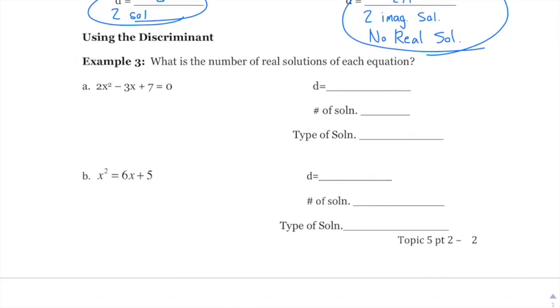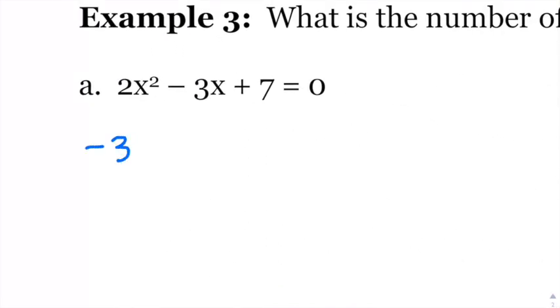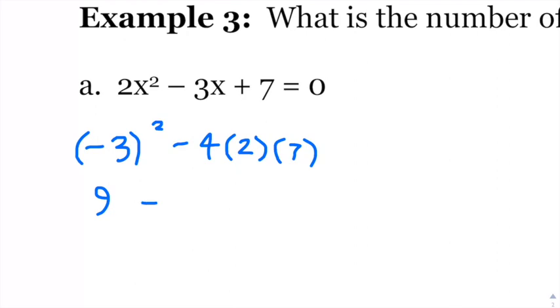So these other 2 problems are pretty much the same thing. They have us write it out here, so we'll just quickly do these. Negative 3 squared minus 4 times 2 times 7. So that's 9 minus, 8 times 7, so 9 minus 56. It's kind of like subtraction there. So what is that? Negative 47.